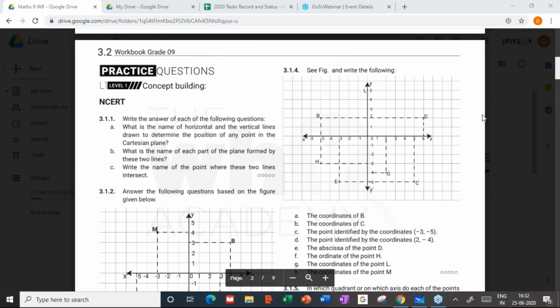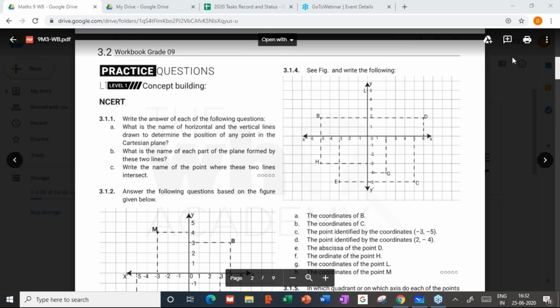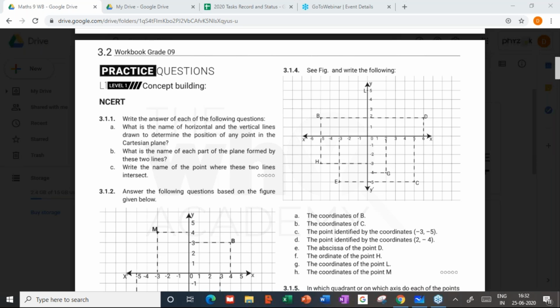Okay, then tell me this directly, the third one. The point identified by the coordinates, what does it say? -3, comma -5. How will you read -3, comma -5? X coordinate is -3 and Y coordinate is -5. So which point is it? I gave you a hint. Yes, Vansh, Aditya, Atharva, Sara, Anirban, Elena, Shivesh, Netri, Molly. You're right.